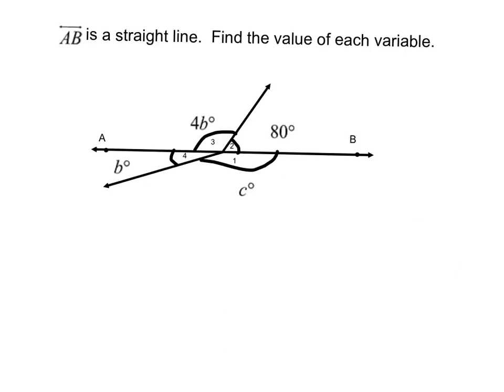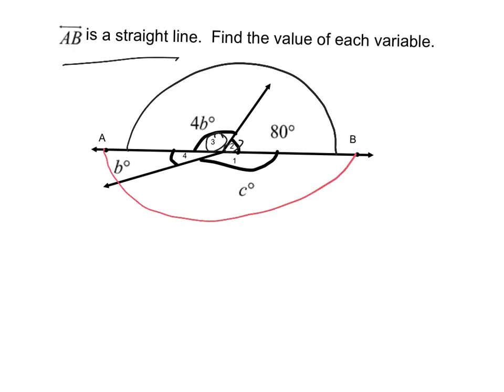All right. AB is a straight line. So I know all those angles add up to what? 180. So that means angle 3 and angle 2 are known as what kind of angles? Complementary angles. If I look at it this way, that's still a straight line even though I went under, right? Angle 4 and angle 1 need to add up to what? 180, because it's still a straight line.